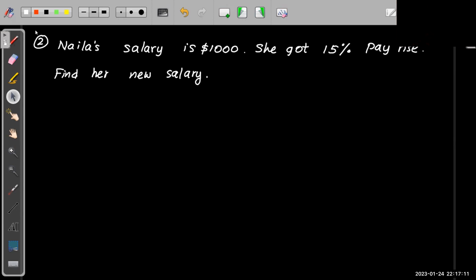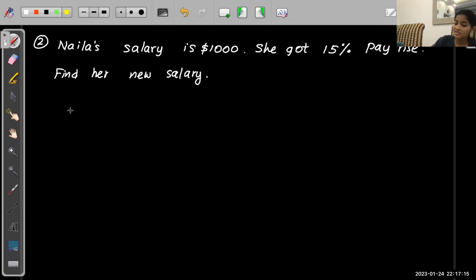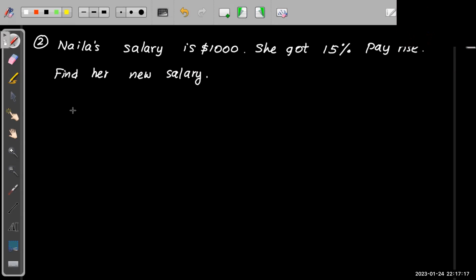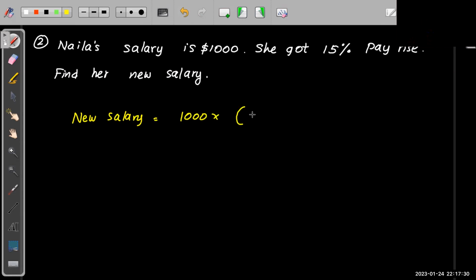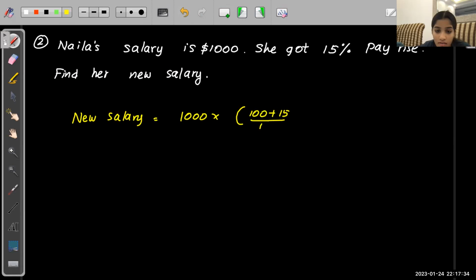Why? She got a pay rise. So how are you going to do it? The new salary is 1,150. You use the first method, right? Which is 1,000 into... now you add this percentage to 100 because you're getting a pay rise, and divide by 100.